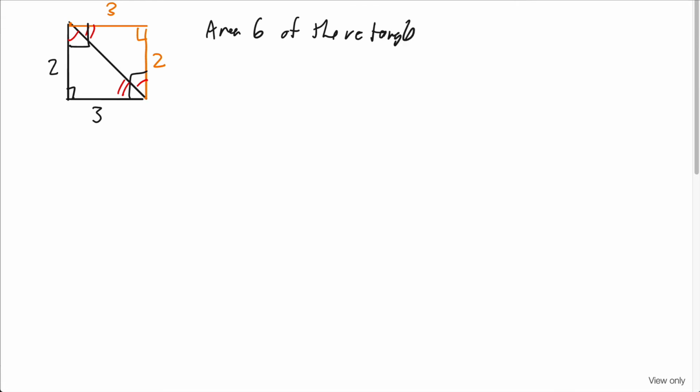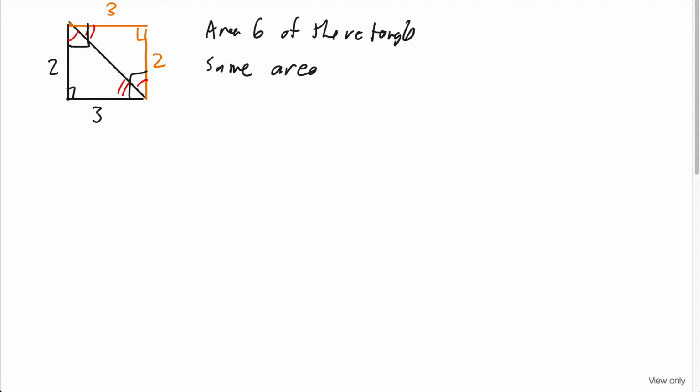Well, since the orange triangle and the black triangle are exactly the same kind of triangle, they're just flipped reflections of each other, they have the same area.